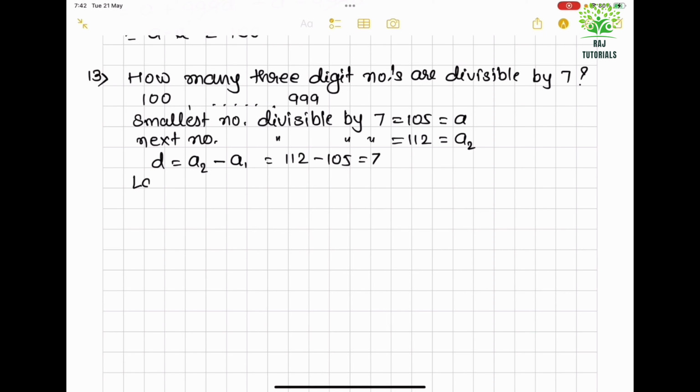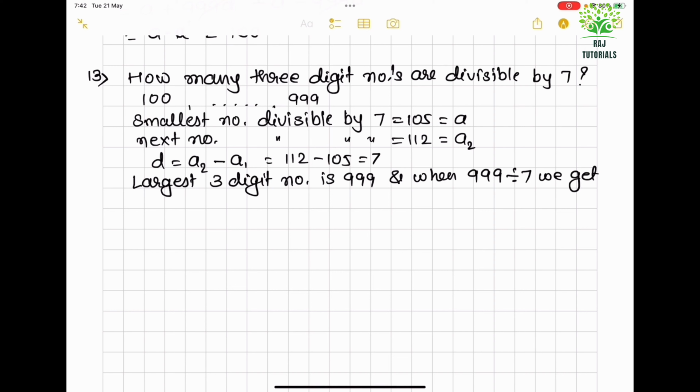Now the largest 3-digit number is 999, and when 999 is divided by 7 we get remainder 5. So it means that 5 is remaining.